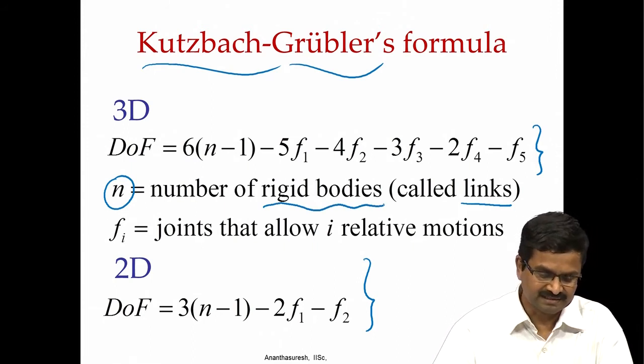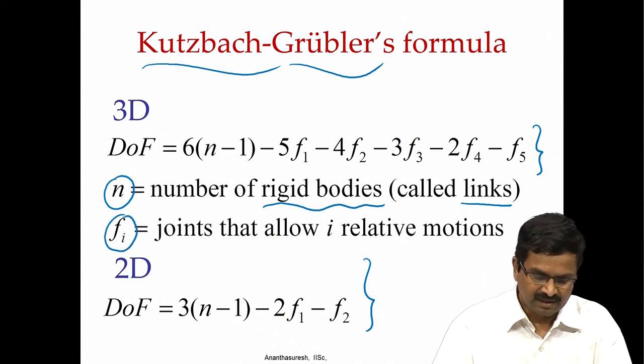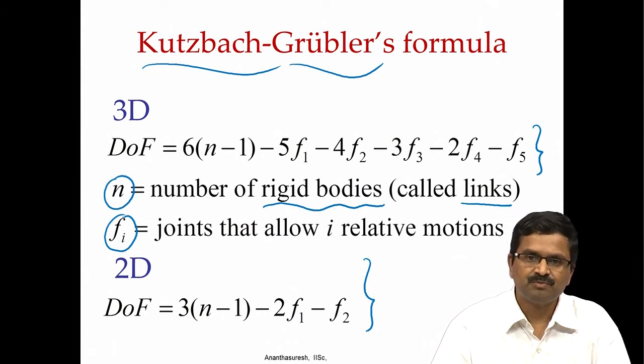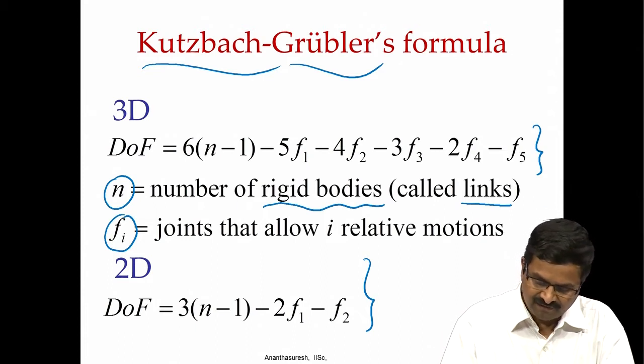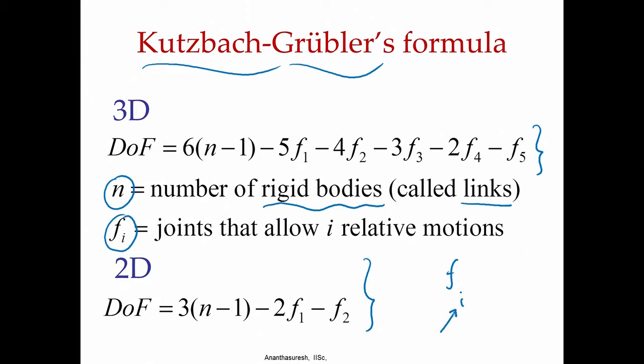And Fi is the number of joints that allow i relative motions between the two bodies they connect. Every joint connects two rigid bodies, and Fi indicates the number of relative freedoms that this joint allows between the two bodies it connects.